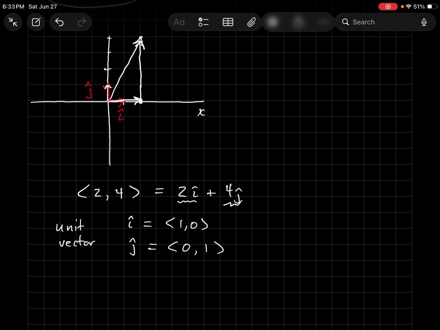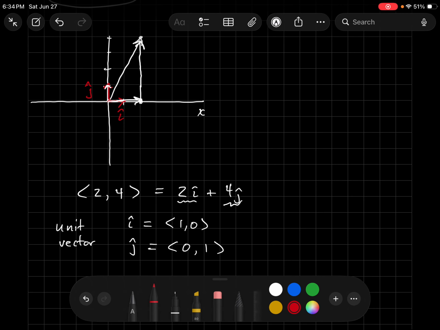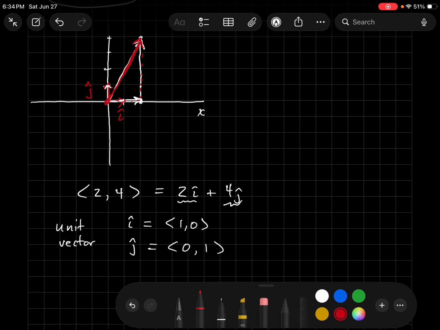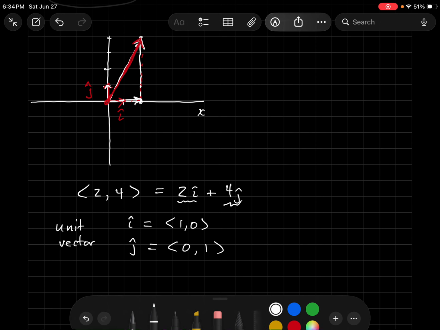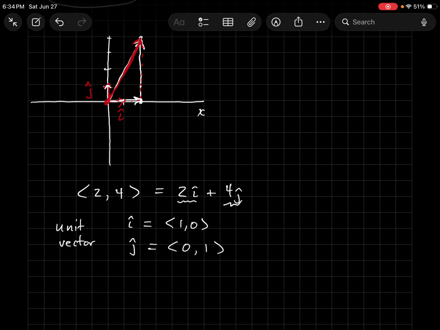Like that. And then the vector 2i plus 4j is the vector that takes the shortcut across. So instead of going 2 over here and then 4 up, the actual vector is the vector that takes a shortcut from the starting point to the end point, which of course is exactly the same vector we got before when we plotted 2, 4.